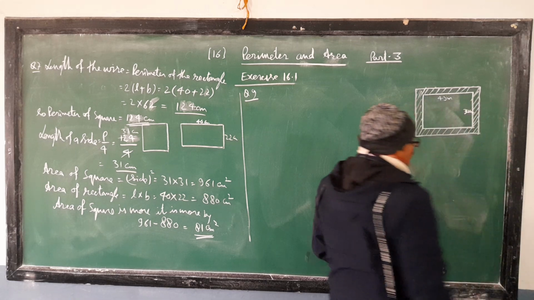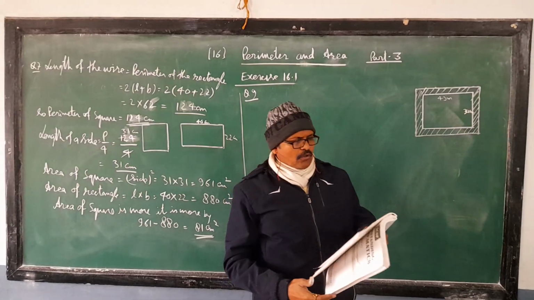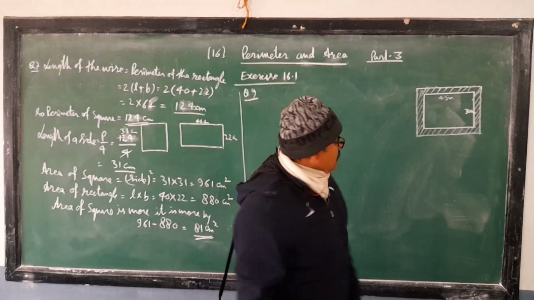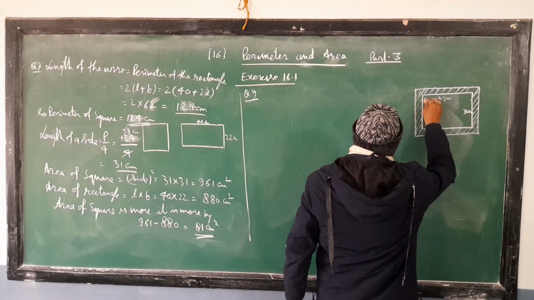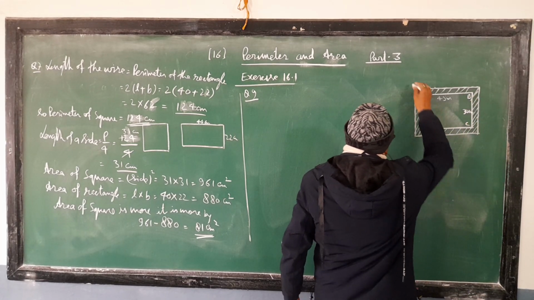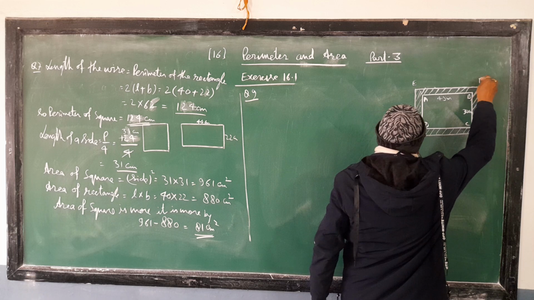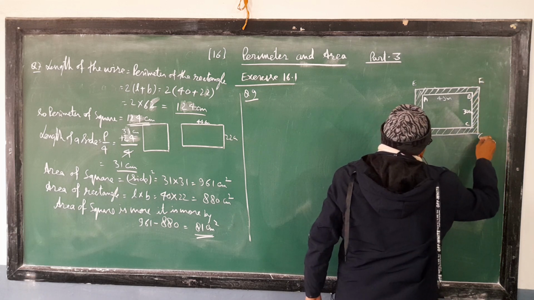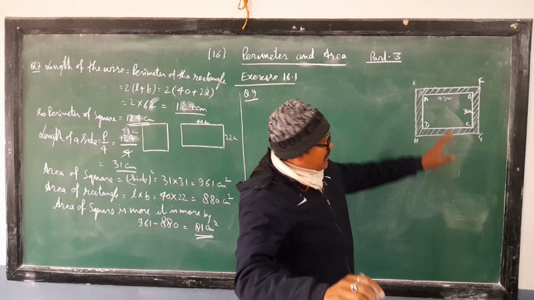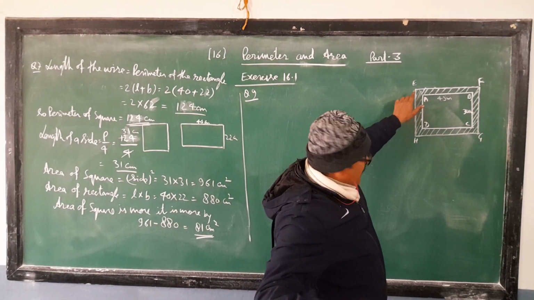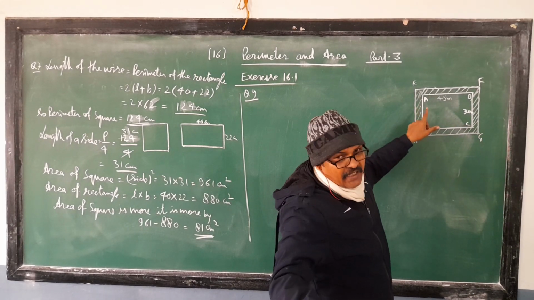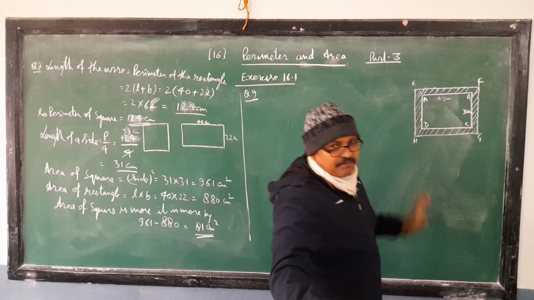And the width of the path is given, 2.5 meter. So suppose ABCD is one rectangle and this is EFGH. Then the area of the path will be area of rectangle EFGH minus area of rectangle ABCD.